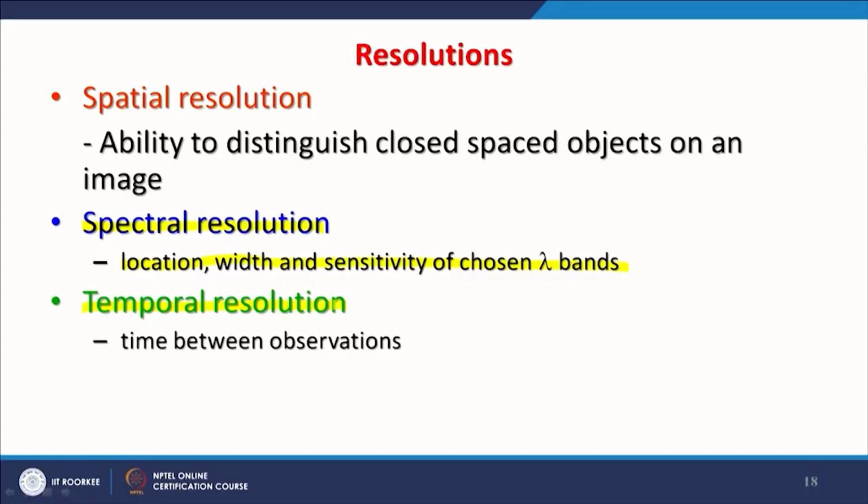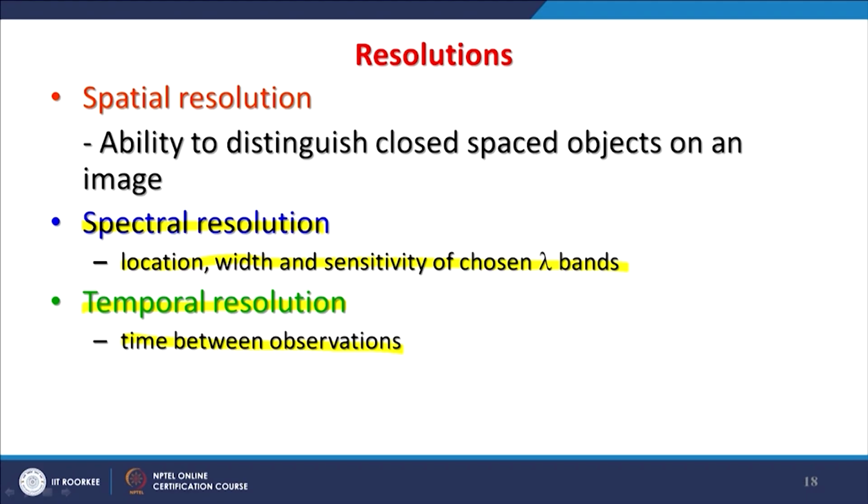Another resolution in remote sensing data is temporal resolution, which is basically repeatability: how frequently the satellite visits the same area, that is, the time between observations. That is very useful, particularly in change detection studies or monitoring.